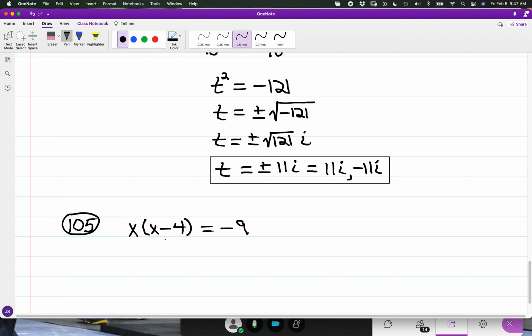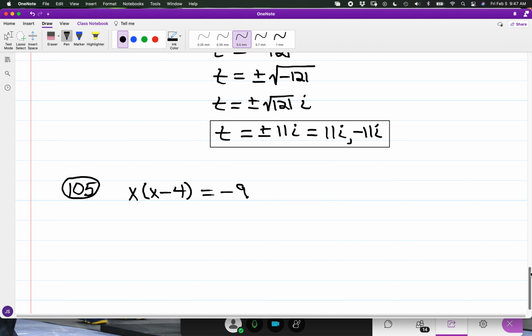So we're going to have to untangle things a bit. If we can't itemize x or x minus 4, we have to remove the parentheses. So with distributing x over the quantity x minus 4, the left hand side becomes x squared minus 4x is equal to negative 9.